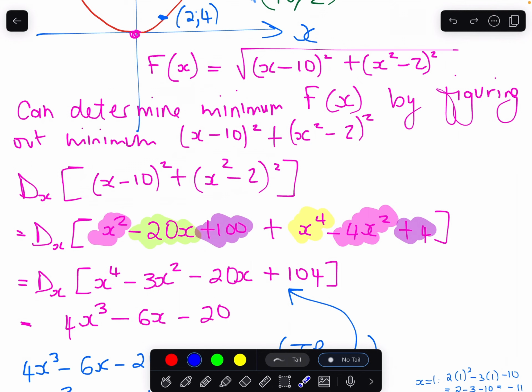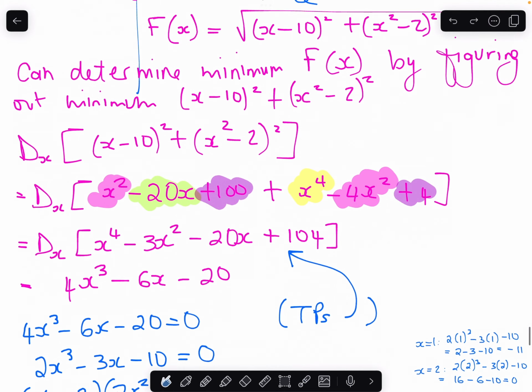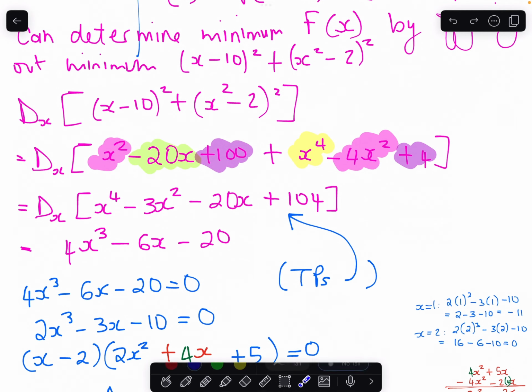To do that, I needed to multiply out and simplify this expression, which gave us this. I am happy with how that turned out. And if we simplify it, we have x to the 4 minus 3x squared minus 20x plus 104.